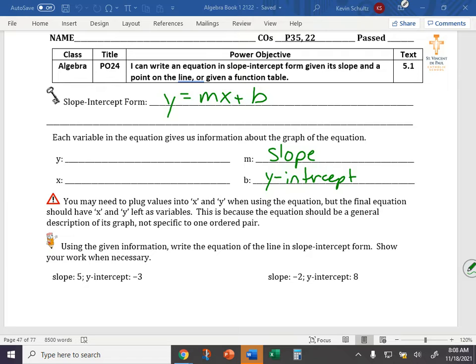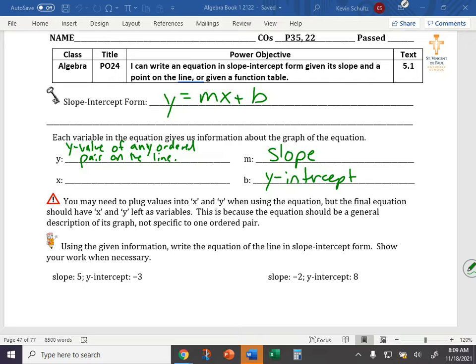Ordered pairs that work in this equation. So the y variable is the y value of any ordered pair on the line.